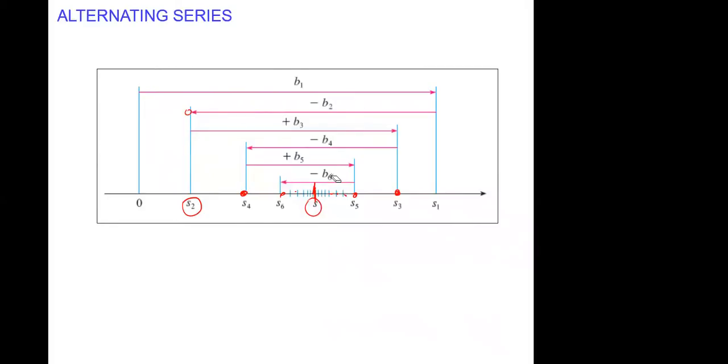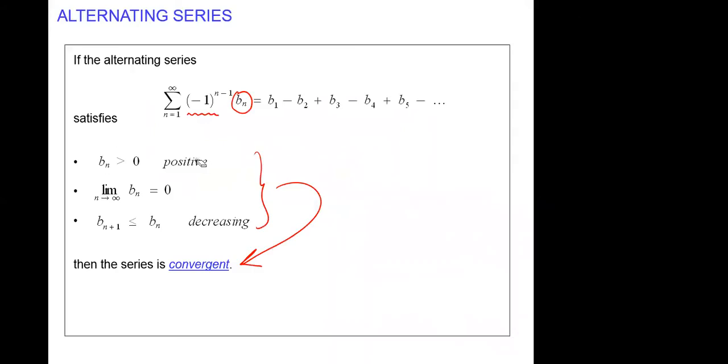All of the terms have to approach 0 at infinity, and that we can see nicely in the oscillation. That means if we satisfy, one more time, positive, 0, decreasing, then the alternating series is convergent to the sum S.